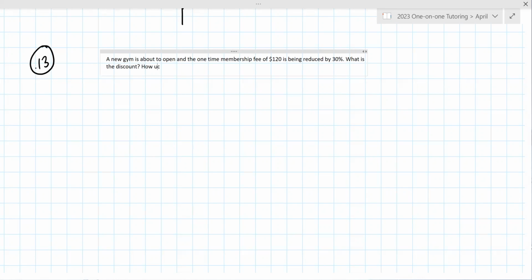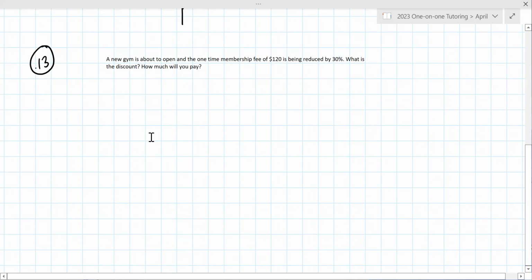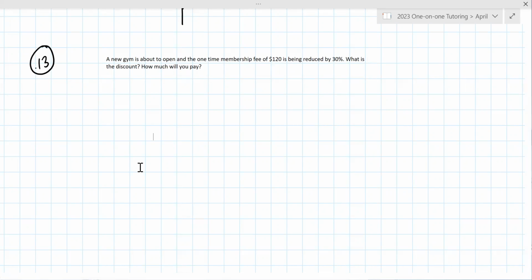How much will you pay? This is kind of like number 13 there. So you've got to figure out two things, the discount, and then how does the discount affect that membership fee? Like the new cost. Exactly. Reduced by 30%.